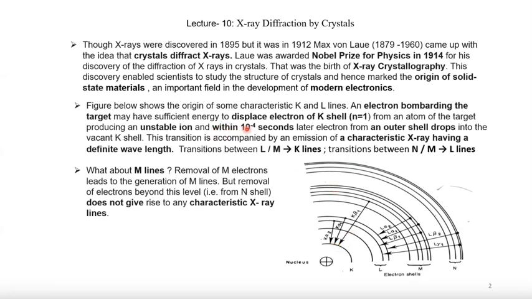Immediately, within 10 to the power minus 4 seconds, another electron from an outer shell fills the vacant place, and thereby radiates X-ray, characteristic X-ray. In this case, I have been showing that if there is a transition to the K shell from the M or L shell, the X-ray lines created, I call them K lines.